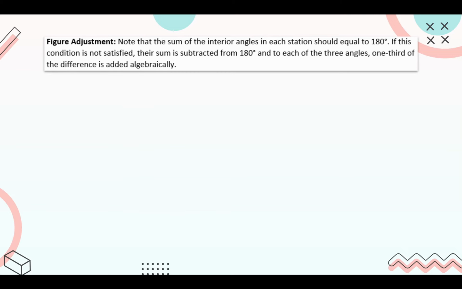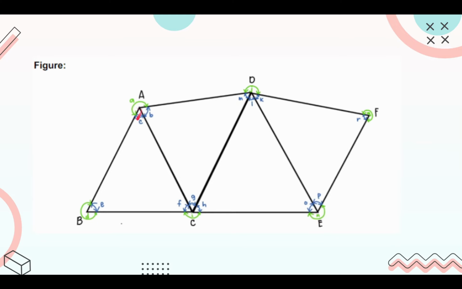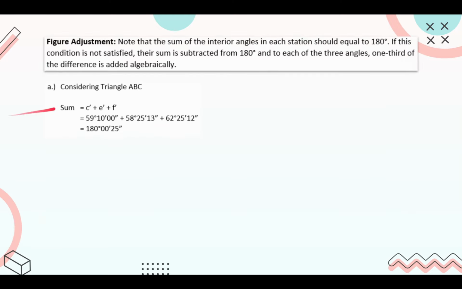Let's consider triangle ABC first. So let's look at the figure once again. Triangle ABC. The interior angles involved are angles C, E, and F. In getting the sum of the angles, we add the values of the respective adjusted angles, meaning we get the sum of the prime angles from the first step, which was the station adjustment.